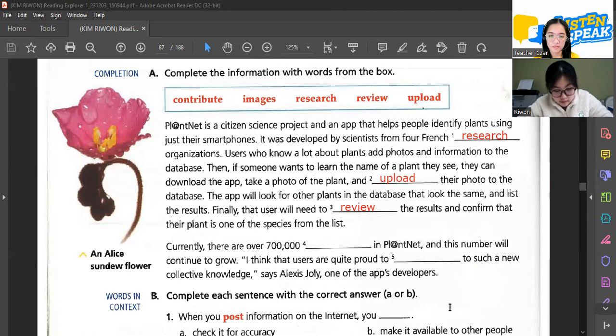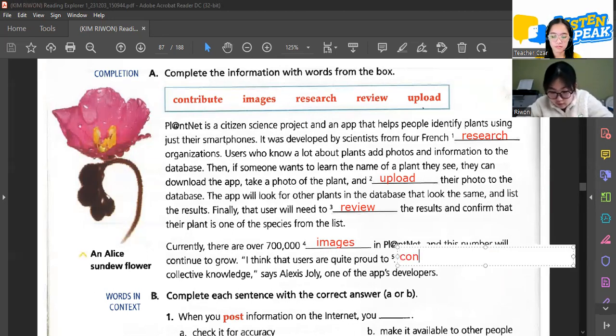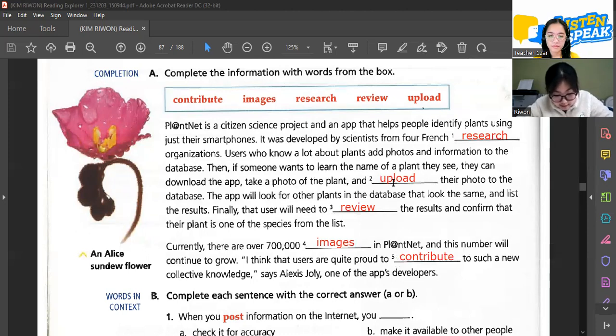Currently, there are over 700,000 images in PlantNet, and this number will continue to grow. I think that users are quite proud to contribute to such a new collective knowledge, says Alexis Jolie, one of the app's developers.